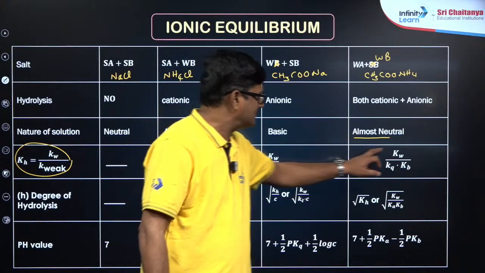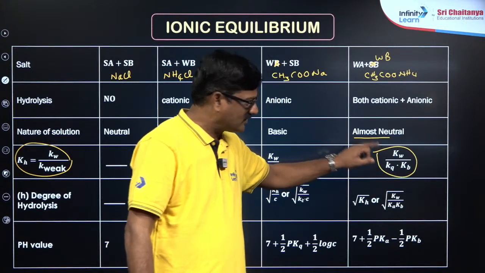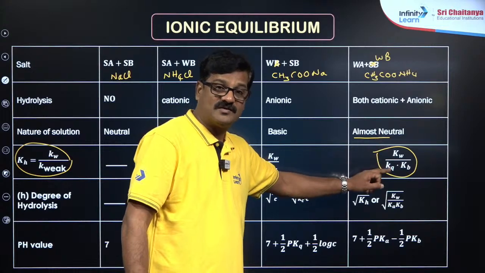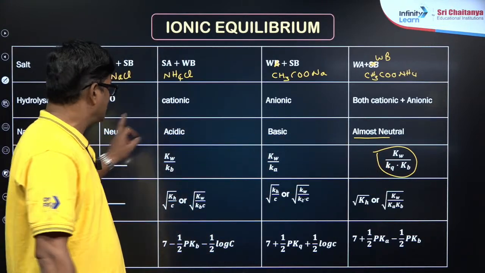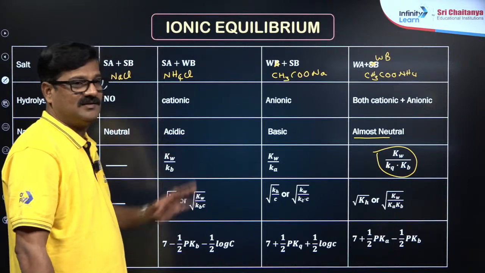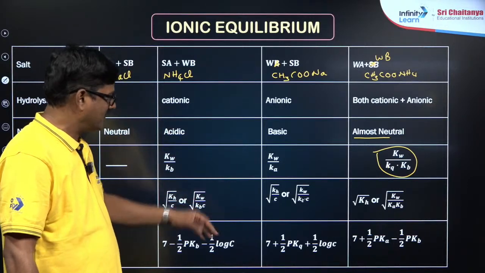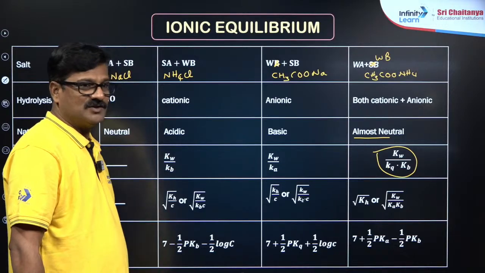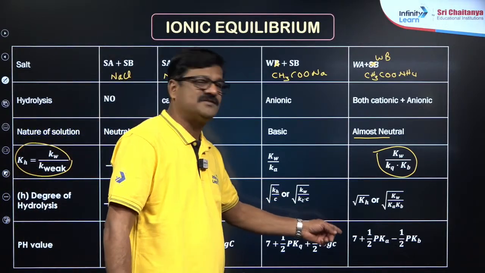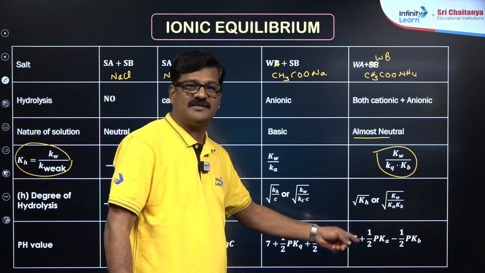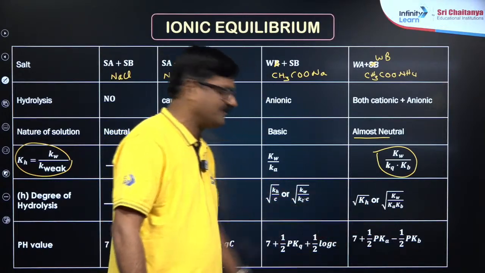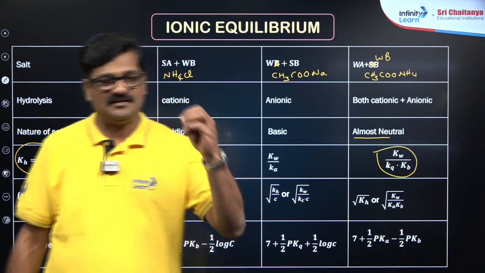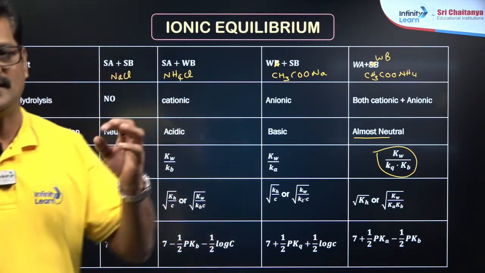And what is the importance of this? The degree of hydrolysis is independent of the concentration of the salt. But here, if concentration increases, hydrolysis also decreases, since it is coming in the denominator. So the pH is going to be 7 plus half pKa minus half pKb. It is not included in the concentration term. So that is the style you need to understand.